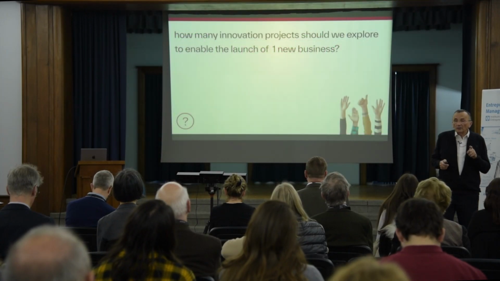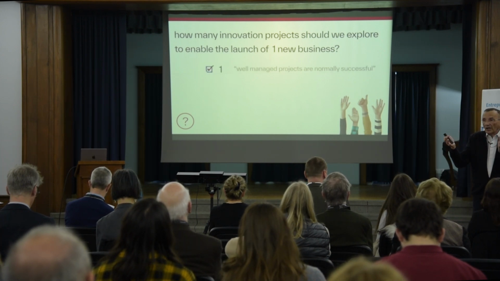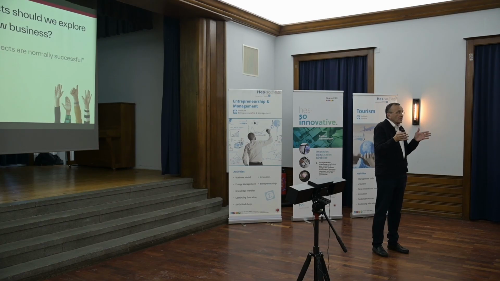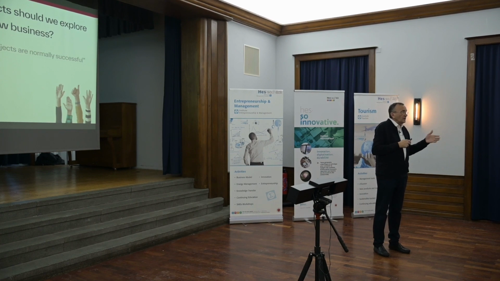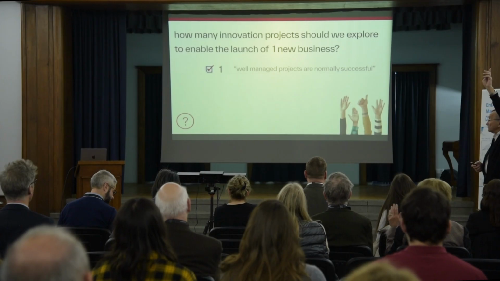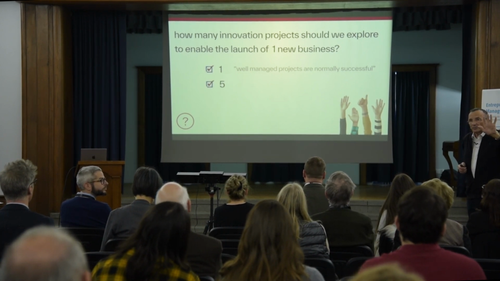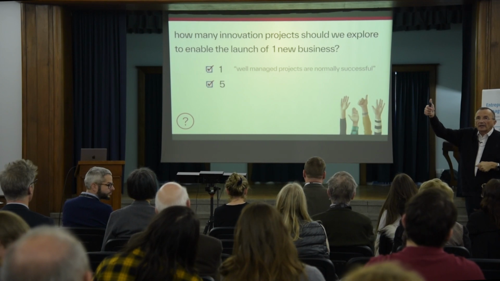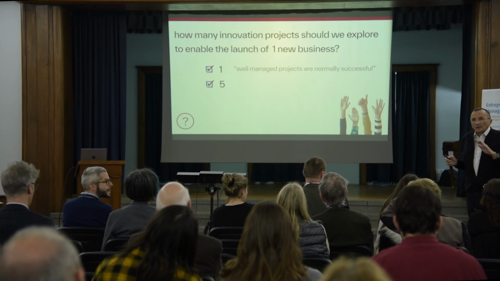So you could say, okay, normally a sustainability innovation project in a company is project management. Who would think that for one project, if you have financing, you will reach the objective to launch a new business in your exploitation portfolio? Who thinks that maybe out of 5 projects, just one will be launched? 5, 10?